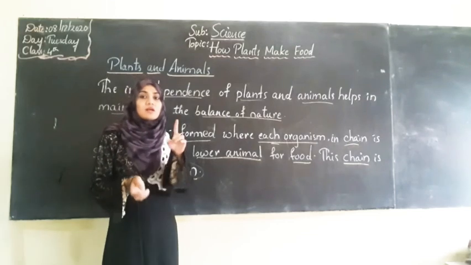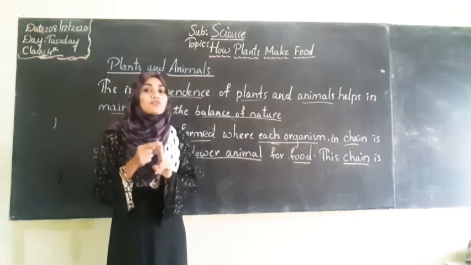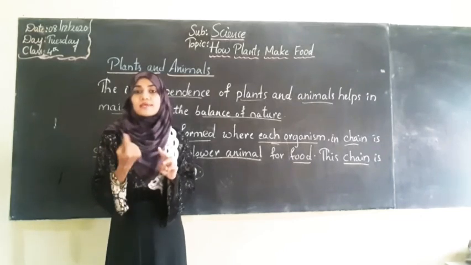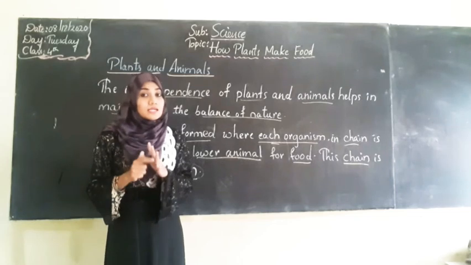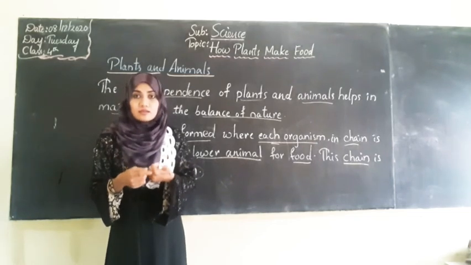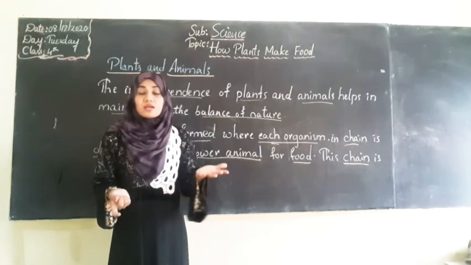For example, take an example of a cockroach. Cockroach is eaten by frog. Frog is eaten by snake. Snake will be eaten by eagle. Eagle will be eaten by tiger, and so on. And tiger will be hunted by we human beings.